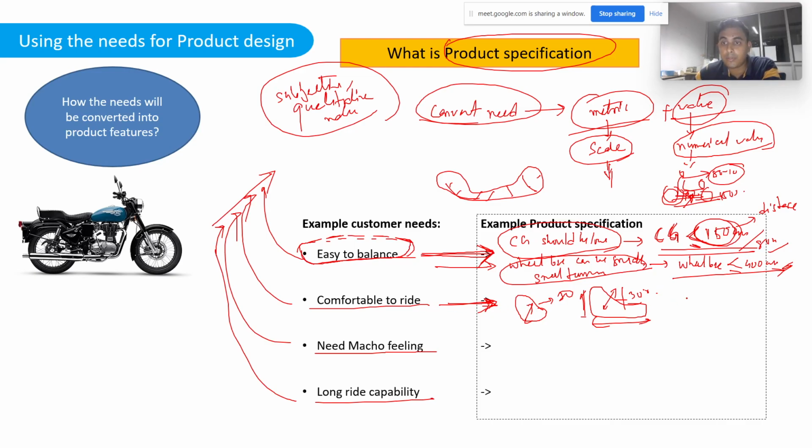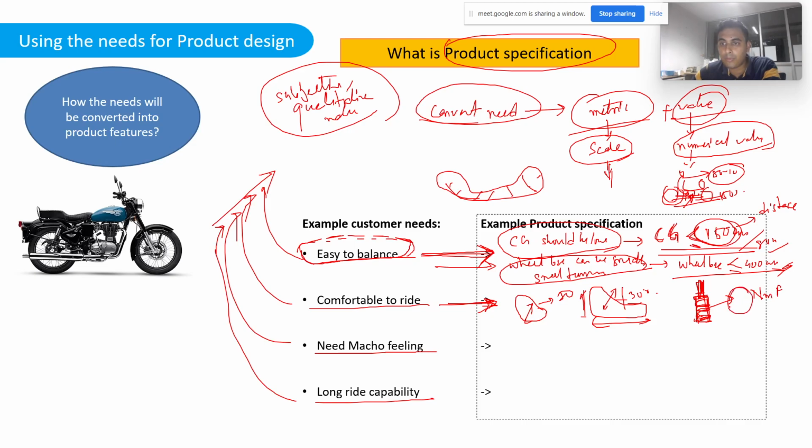Similarly, comfortable can also be at the shock absorber level. You have a front shock, you have a spring. So what should be the tensile strength parameter for this particular spring? I know the unit, it should be in Newton meter force.